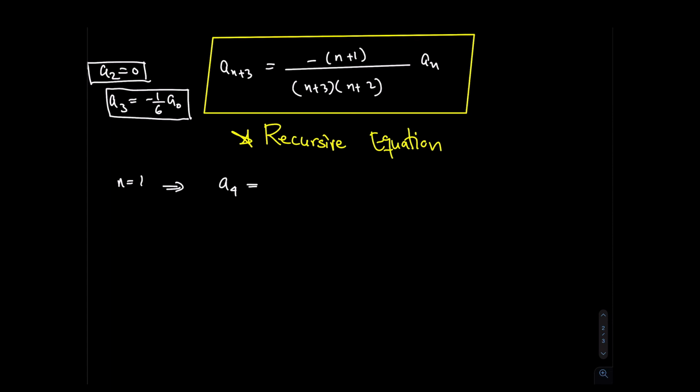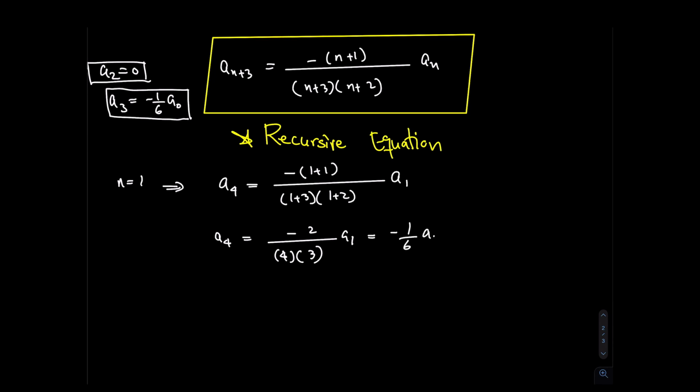So a4 equals minus (1 minus 1) over (1 plus 3)(1 plus 2), a1. So a4 becomes minus 2 over 4 times 3, a1. So this becomes minus 1/6 a1. So that gives me a formula for what a4 is going to be.